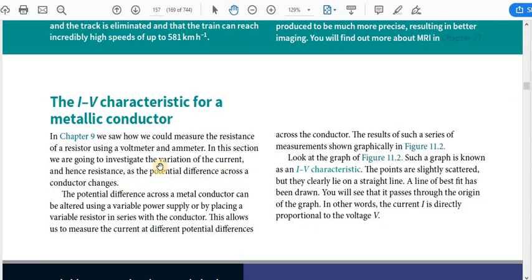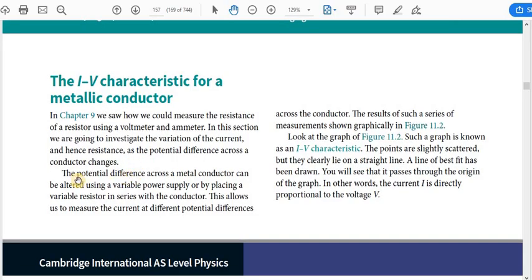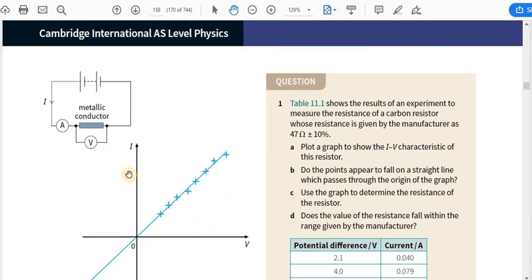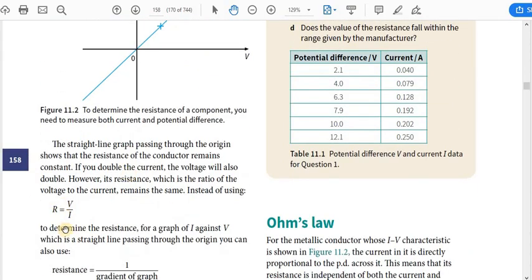The IV characteristic for a metallic conductor. Okay, so for a metallic conductor, we have an IV characteristic. Okay, so there is an equation for this. Okay, so this is the equation.